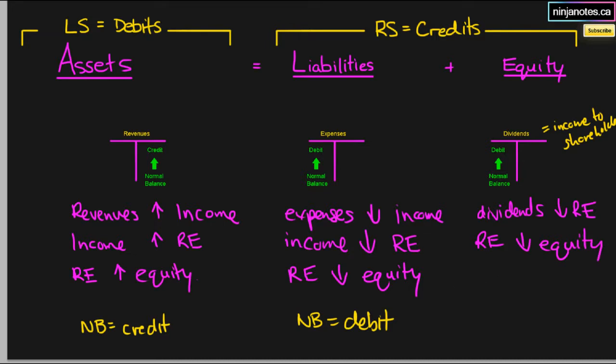When equity goes down, we debit in order to decrease equity, which makes sense why the normal balance of a dividend account is a debit. So always think about what is going on with the main element. If equity is being decreased, we are going to have a debit as the normal balance of that account. If we are increasing equity, the normal balance will be a credit.